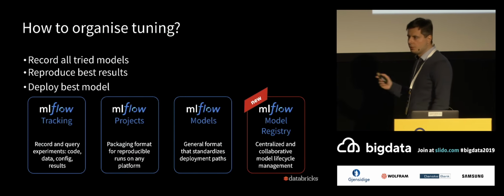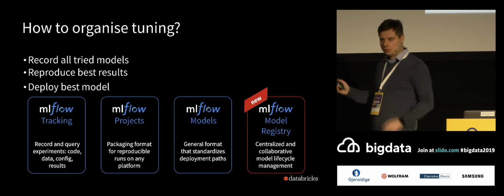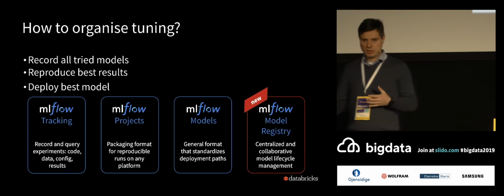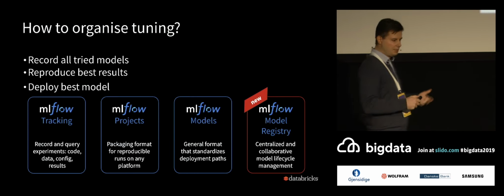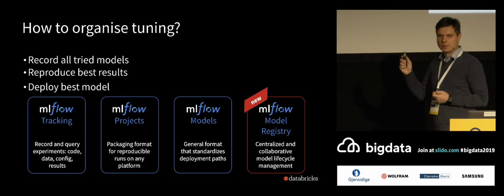MLflow is another open source project, and it allows you to track everything that you're doing with your model. You can track the parameters, you can track the metrics, and you can save the whole model with MLflow. That is MLflow Tracking and MLflow Models.